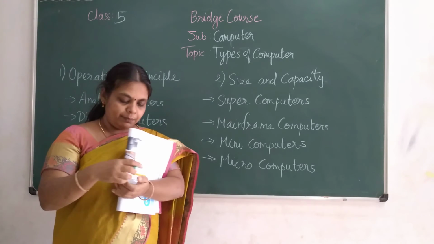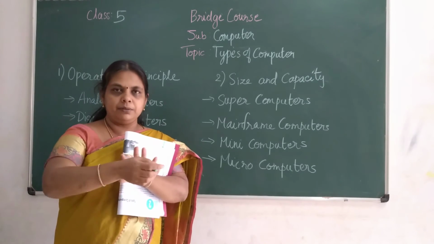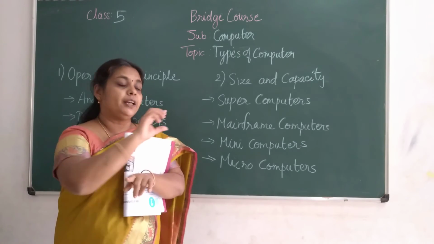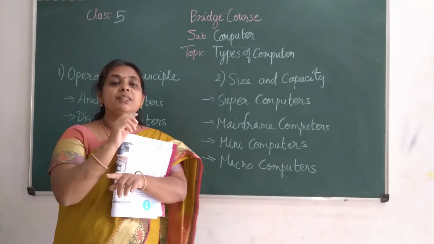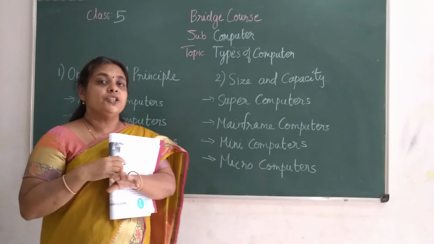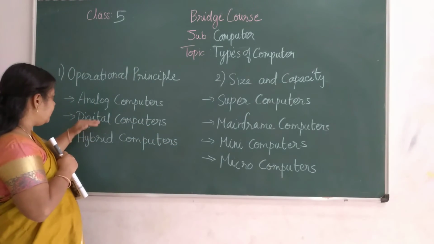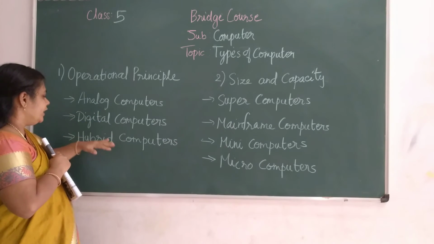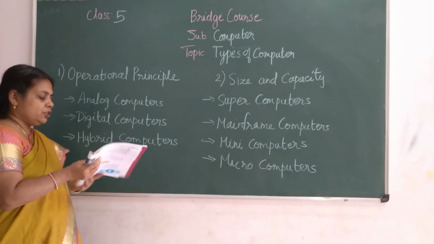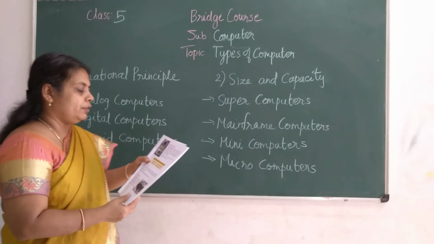Sometimes when you go to the hospital, they measure the pressure also, children. They keep the instrument connected on our hand, but in the computer they can see the number, how much pressure it is. Combining analog and digital gives rise to hybrid computers, children. The picture is also shown over here.